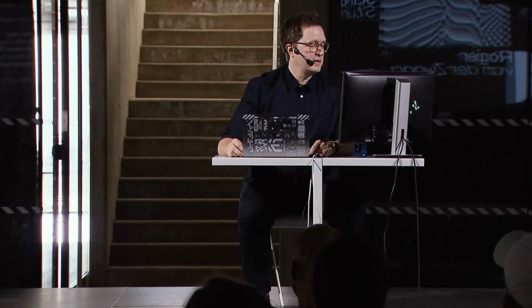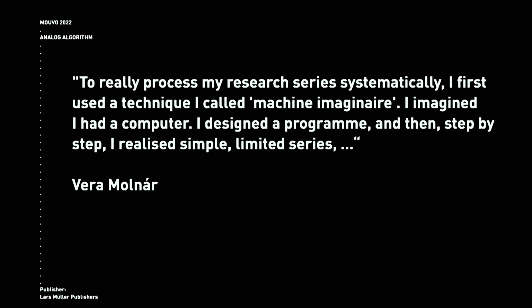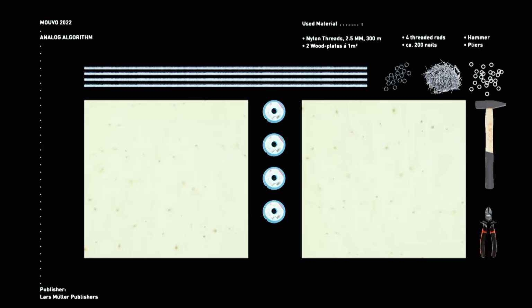And this is a parallel to Vera Molnar, where she says, to really process my research series systematically, I first used a technique I called machine imaginaire. I imagined I had a computer, I designed a program, and then, step by step, I realized simple, limited series. So this is what I did.